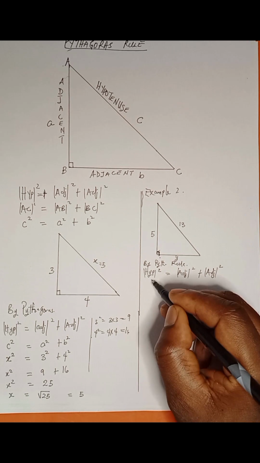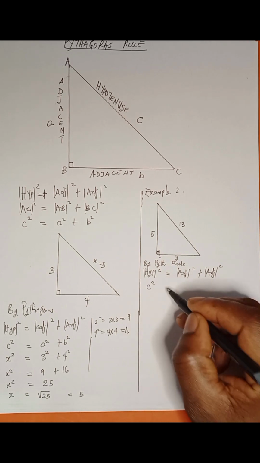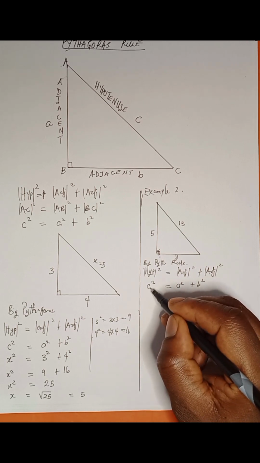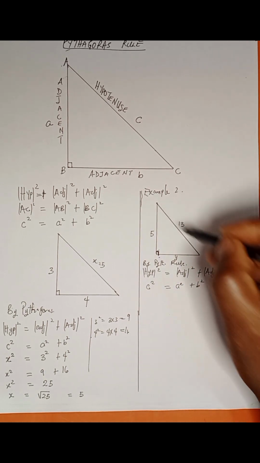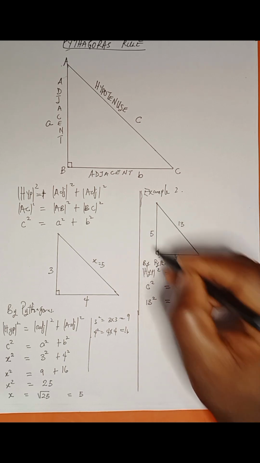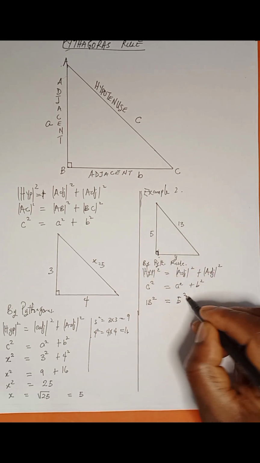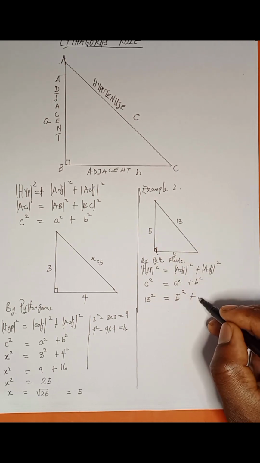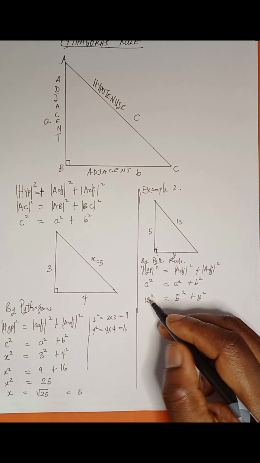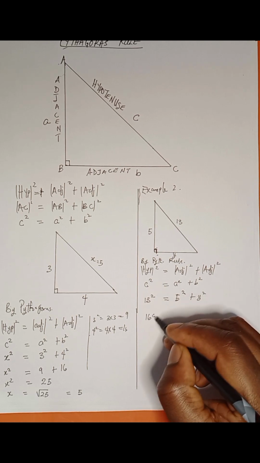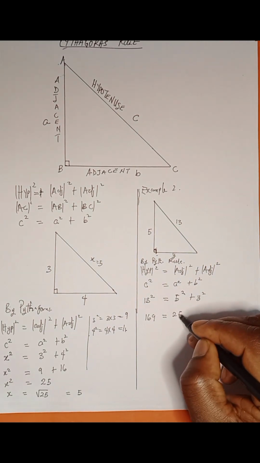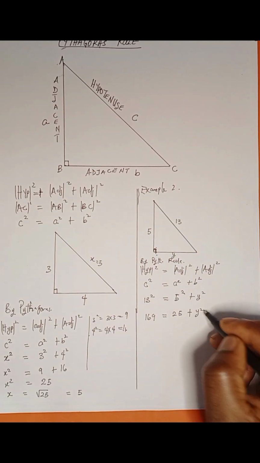So C squared is equal to A squared plus B squared. What is representing my C here is the hypotenuse, which is 13. 13 squared is equal to the adjacent side that I know, 5, plus this other one that I don't know, which is y. So 13 times 13 is 169, and 5 squared is 25 plus y squared.